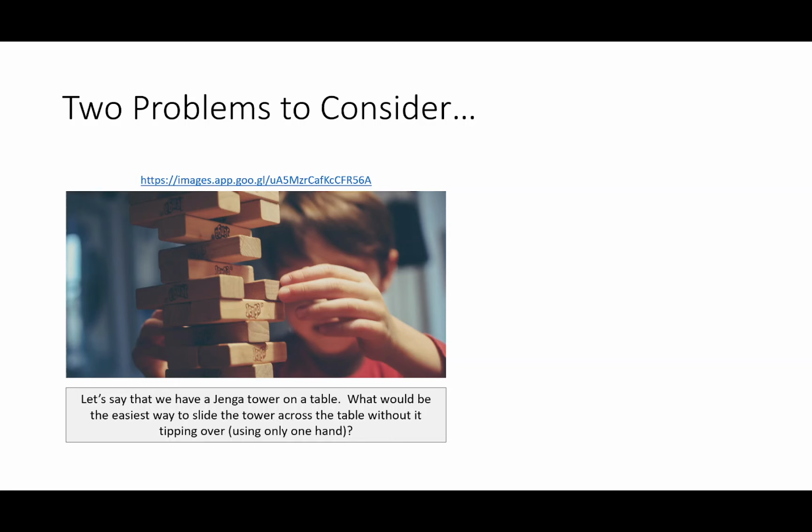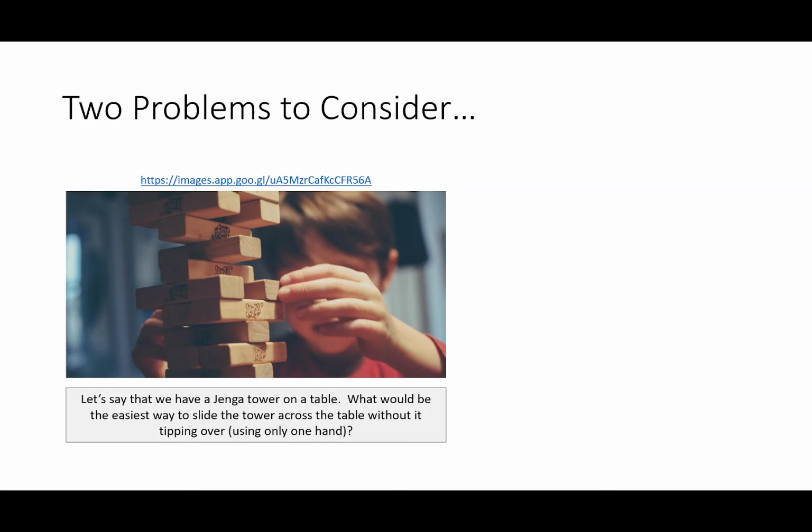There's going to be some friction that we need to overcome between the sofa and the carpet or whatever your floor is made out of, right? I propose that pushing the Jenga tower across the table, there's going to be an opposing frictional force going the opposite direction, right? And so your gut tells you to push it on the bottom as opposed to the top.